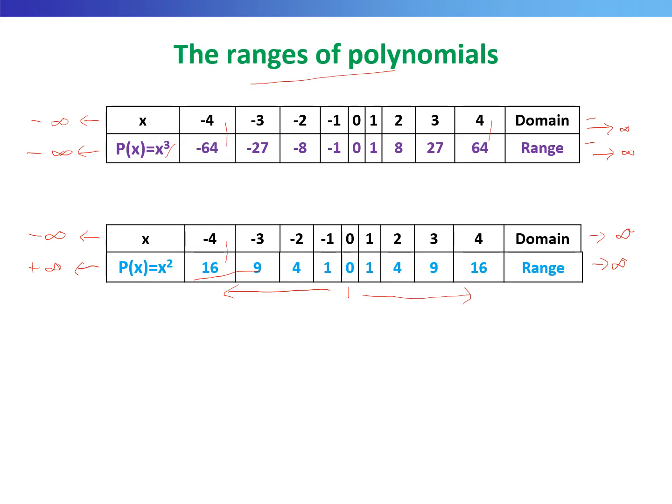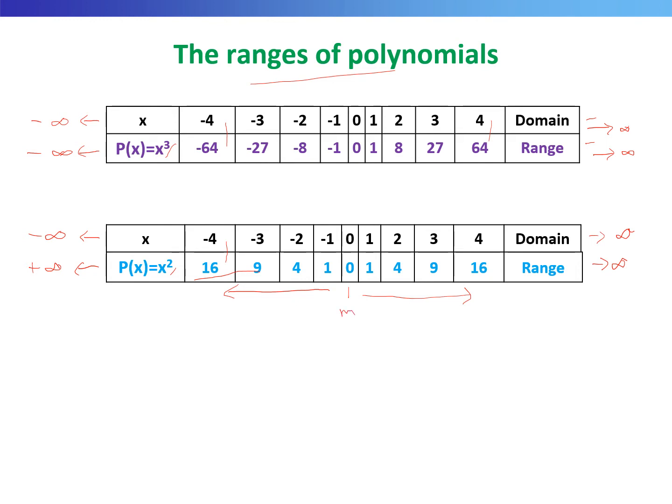What does that mean? The degree is even and the coefficient is 1, because x squared means 1 times x squared. So the coefficient is positive, and for that the lowest point for the range is 0. 0 is the lowest point for the range. Let's call it m. So m is the lowest point.